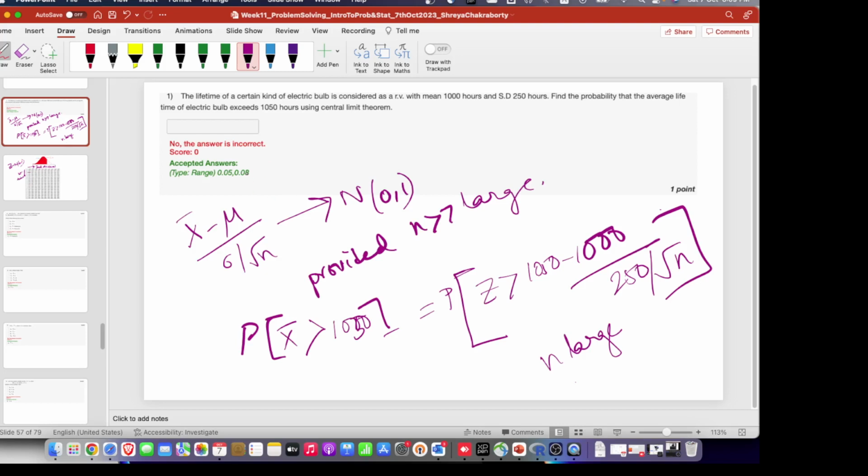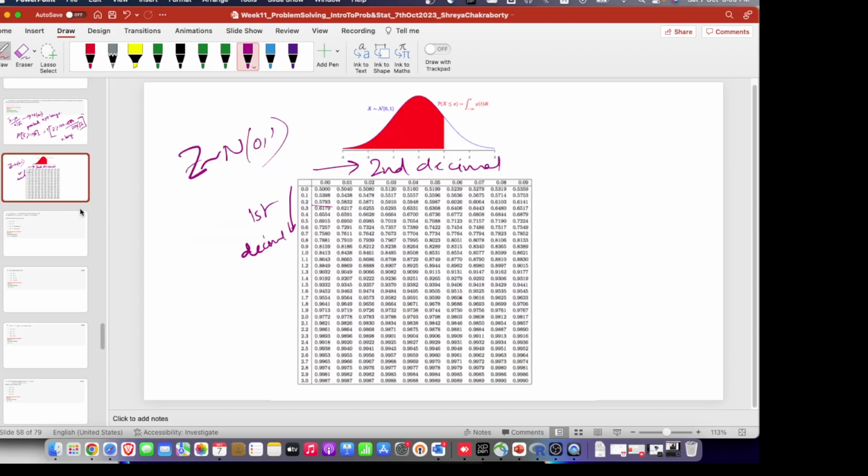So the general procedure is, we subtract the mean and divide by sigma by root n, the total number of bulbs that we are testing, and if n is sufficiently large, we could compute this value and search for the first decimal and second decimal in the normal table.